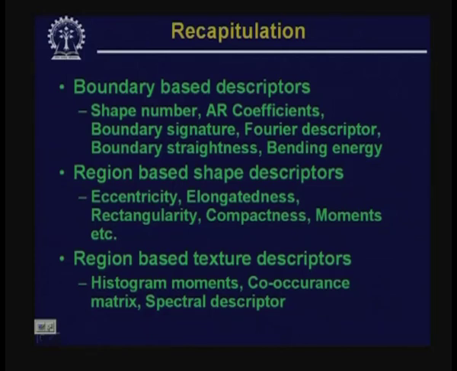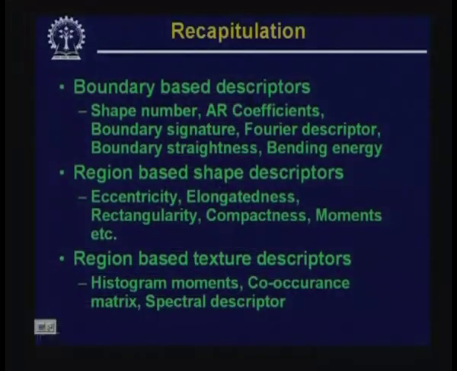Firstly we had obtained some boundary based descriptors, and we have seen that the different boundary based descriptors are shape numbers. The shape number is something which is generated from the differential chain code representation of the boundary. We have seen the auto regression coefficients, where for getting these coefficients, we had to get a polygonal approximation, a polygonal representation of the boundary.